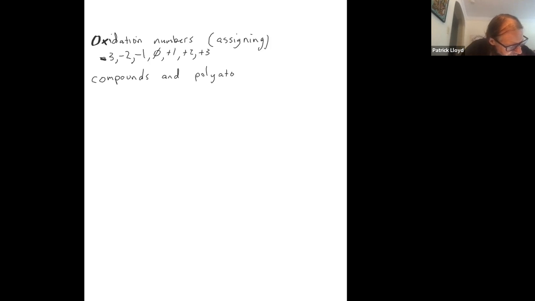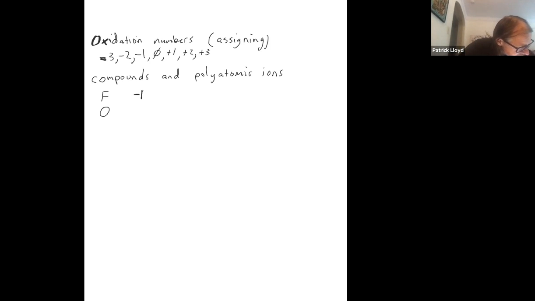So the oxidation numbers that I'm going to go over with you right now are referring to compounds and polyatomic ions. So here are the rules. Fluorine is -1, and that is pretty much invariable. It does not change. In any compound or polyatomic ion, fluorine is -1.